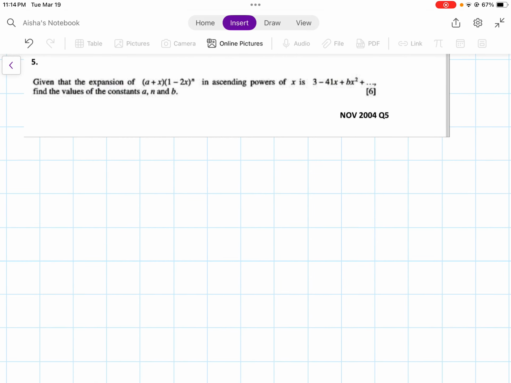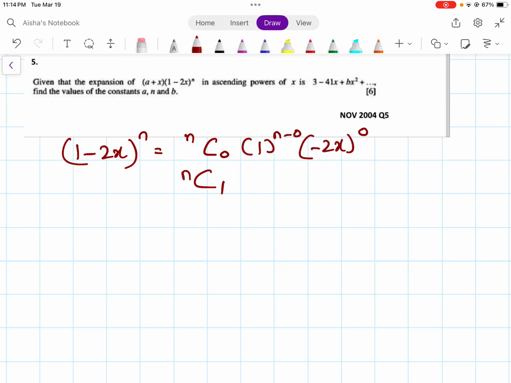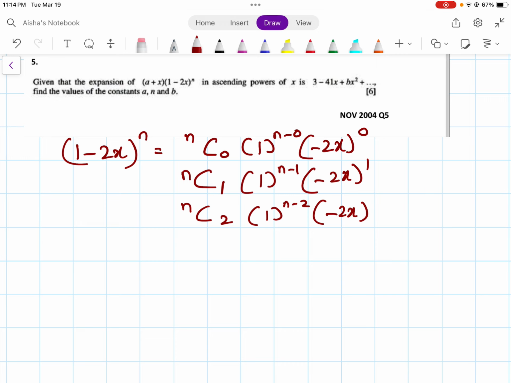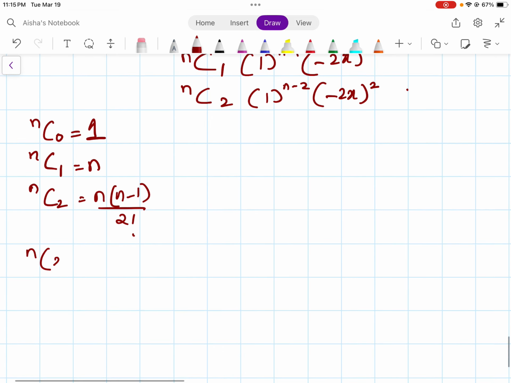Given that the expansion of this in ascending powers is this. Okay, (1 minus 2x) to the power n. How will that be expanded? nC0 is 1. nC1 is n. n minus 1 upon 2 factorial. n minus 1, n minus 2 upon 3 factorial.